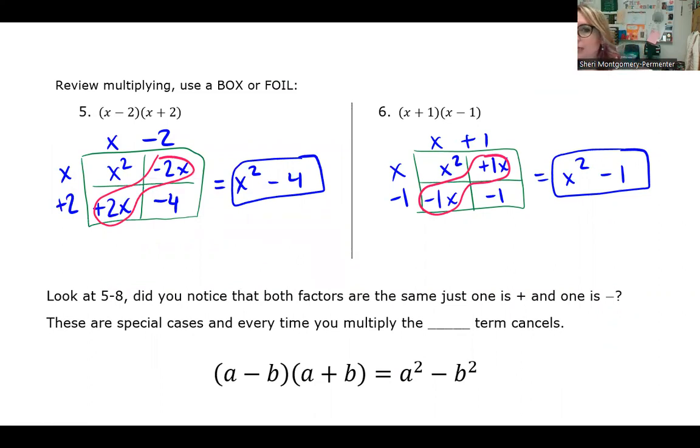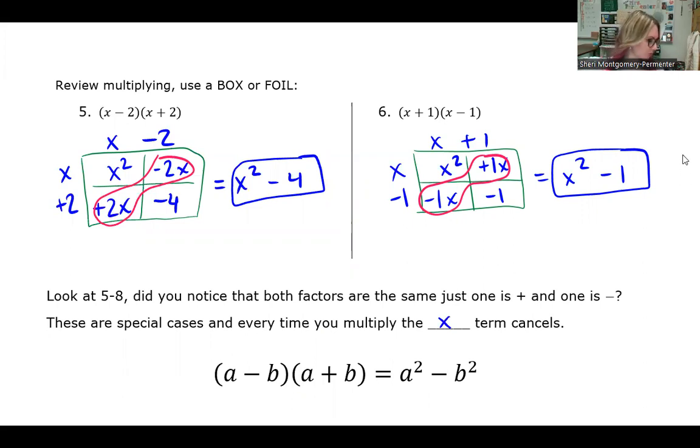Those are called special cases. And every time you multiply that middle term or that X term, it cancels.